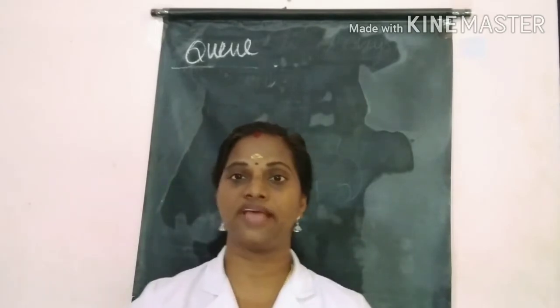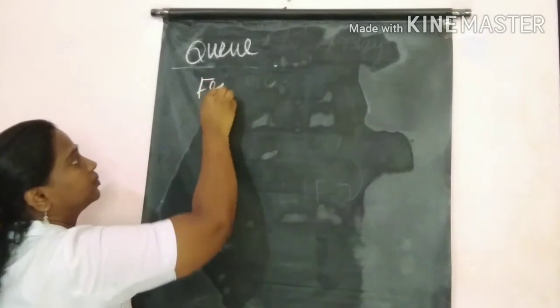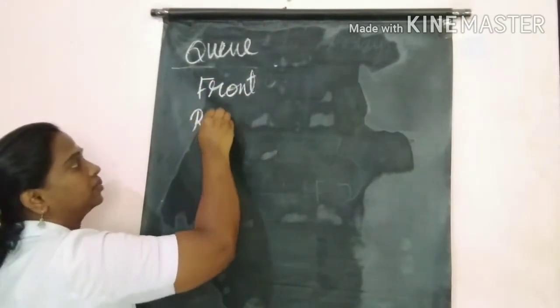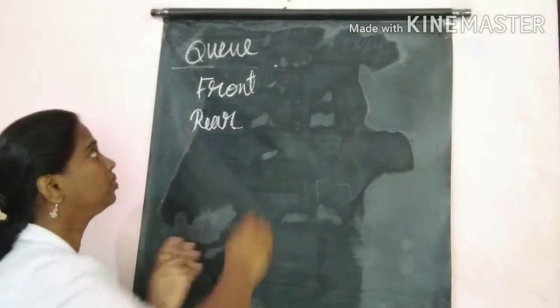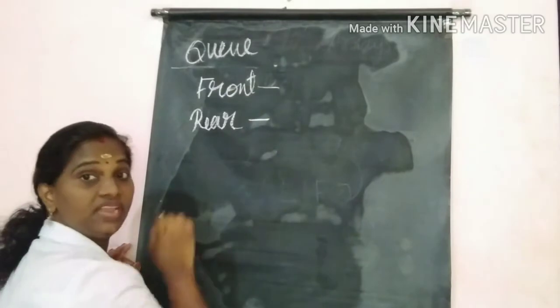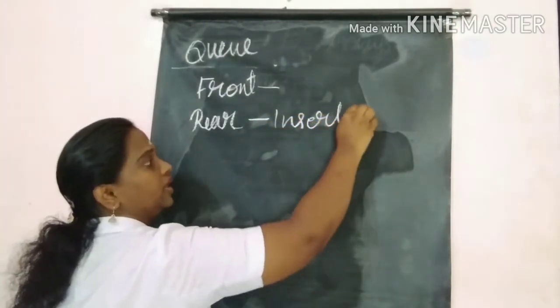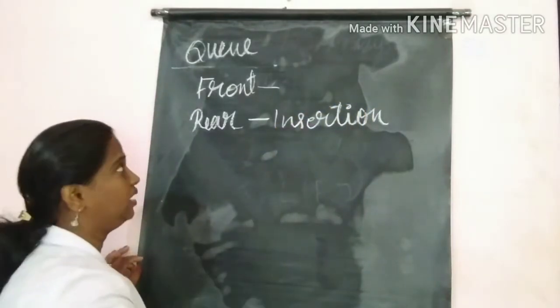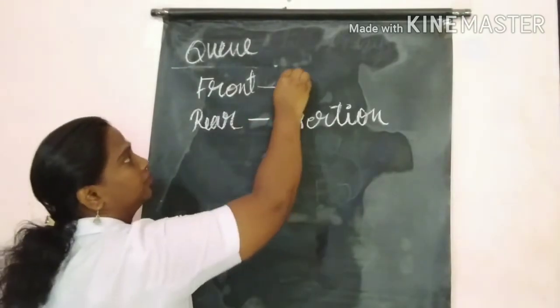That means a queue has two ends: front end and rear end. So insertion takes place at the rear end and deletion takes place at the front end.